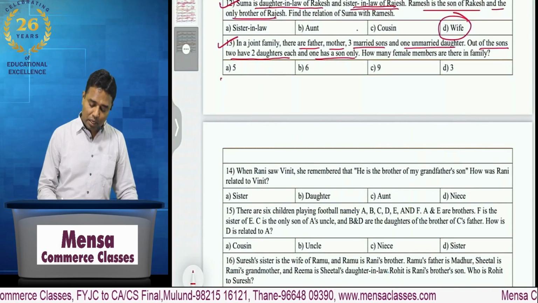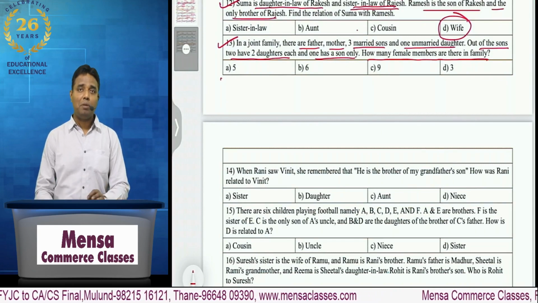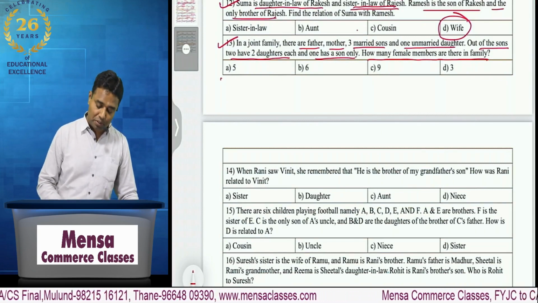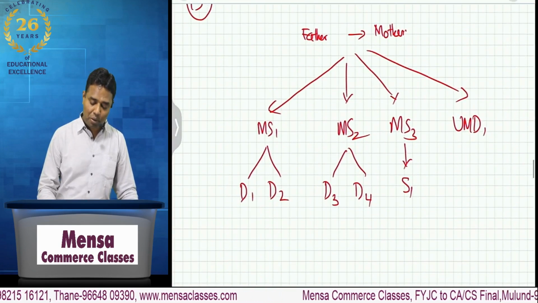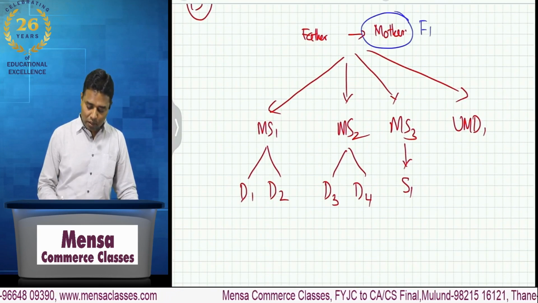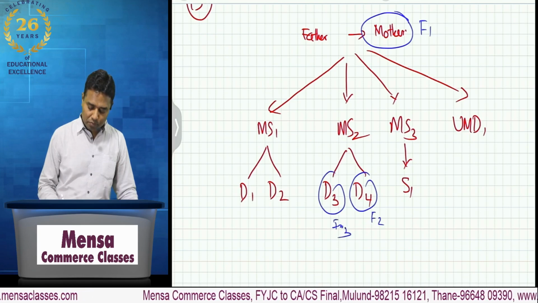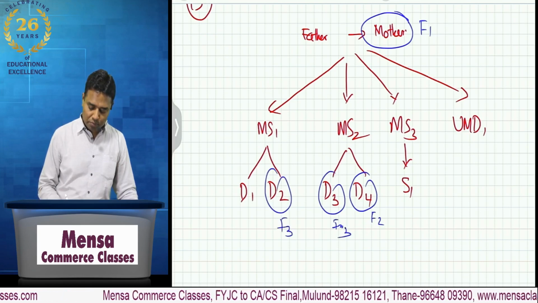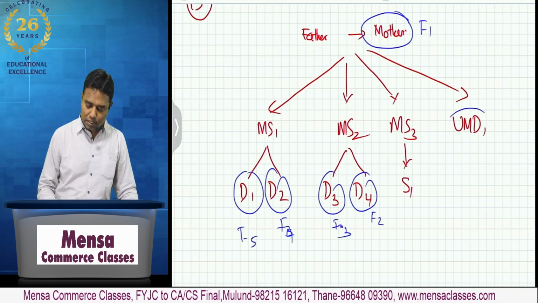What does the question ask? How many female members are there in the family? That is the question. Female members. So when we count the female members, technically we will say female member number 1, 2, 3, 4, 5, 6.